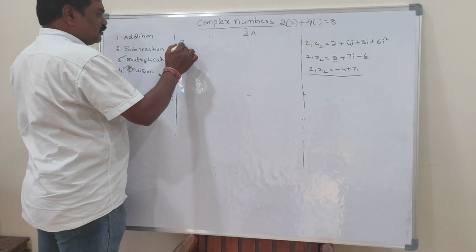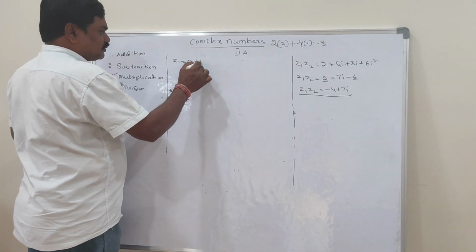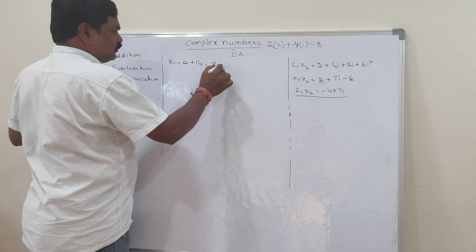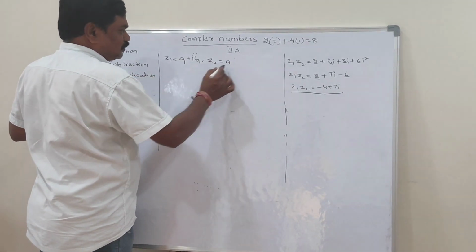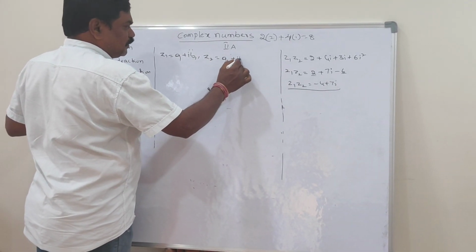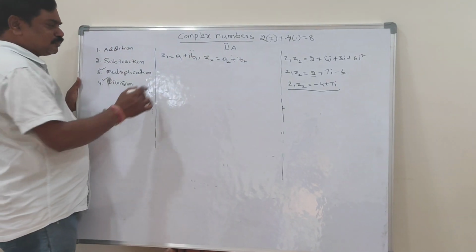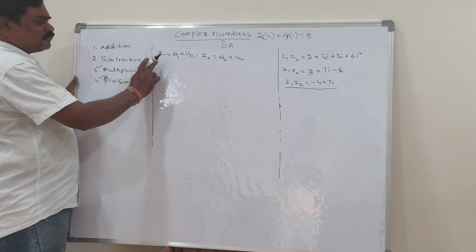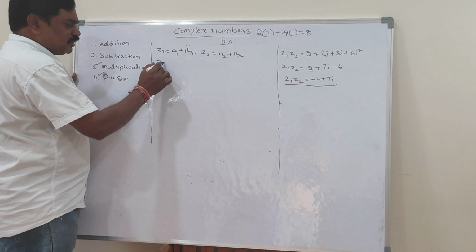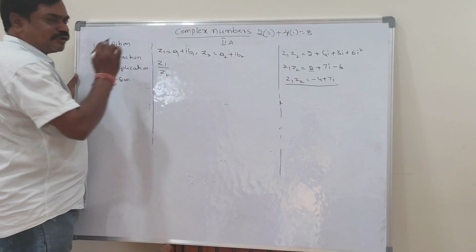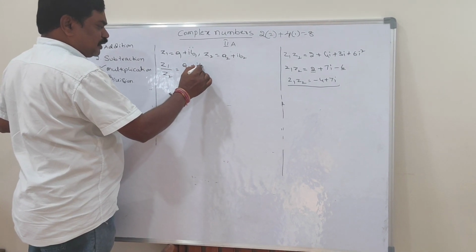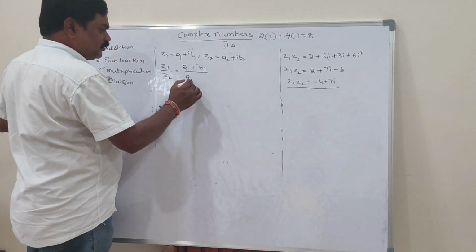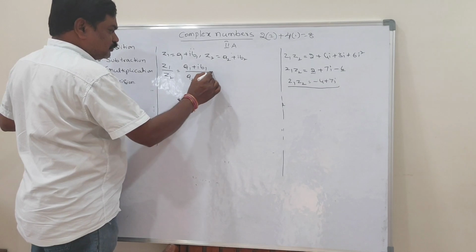Z1 is equal to a1 plus ib1 and Z2 is equal to a2 plus ib2. Then the division of two complex numbers is Z1 by Z2, this one (a1 plus ib1) by (a2 plus ib2).